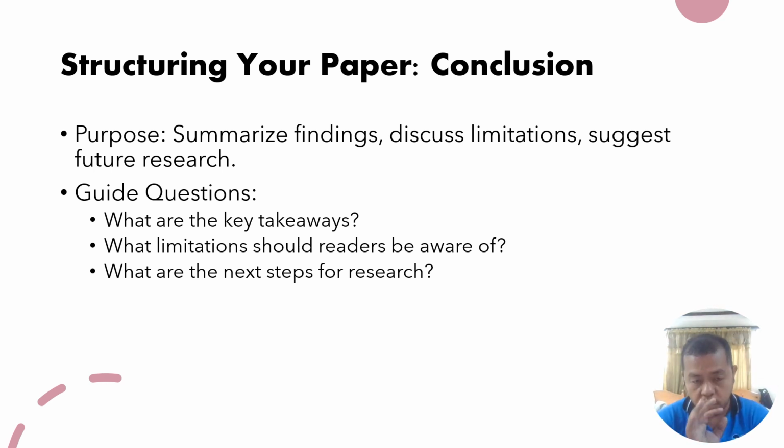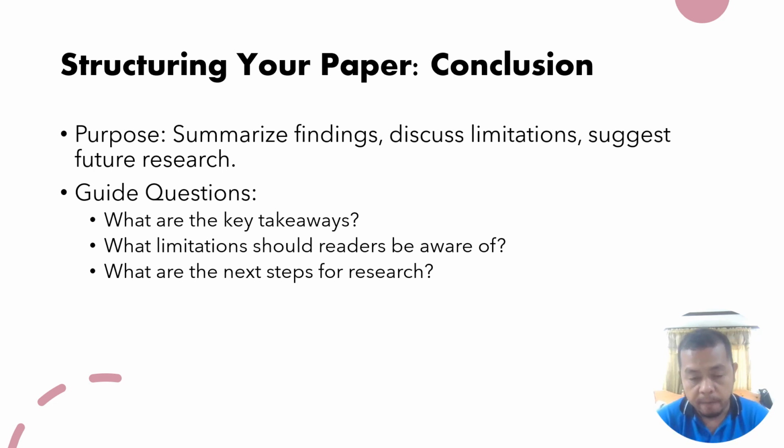Now, the guide questions in the conclusion are: what are the key takeaways of your research? You highlight the new insights, the new knowledge that you have derived from the research, from the phenomenological research. And then what limitations should readers be aware of? Because your study does not apply to everything. Right? It only applies to that given population, that given phenomenon. So you also put there in your conclusion the limitations.